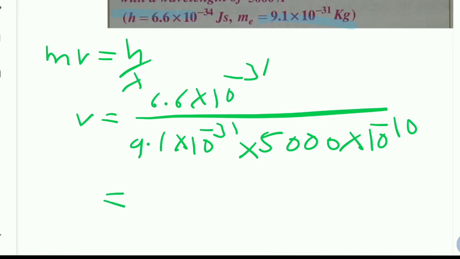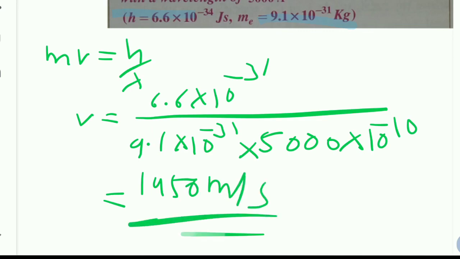So after solving, 1550 meter per second.